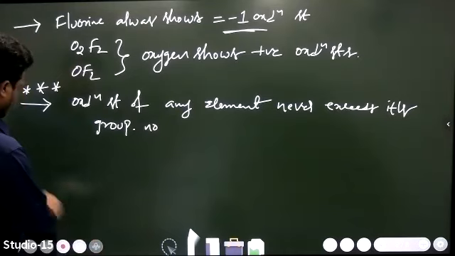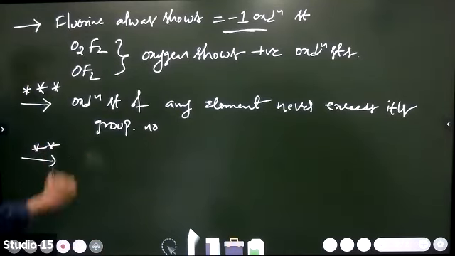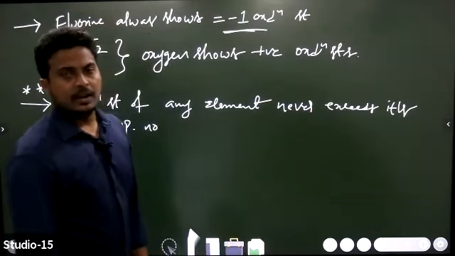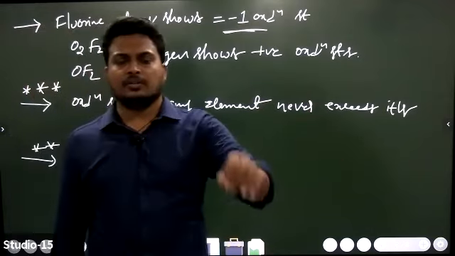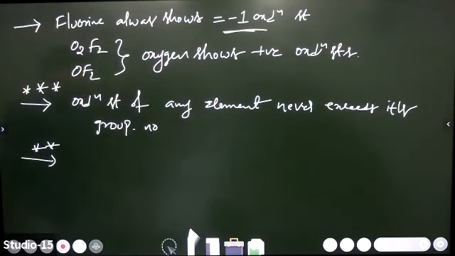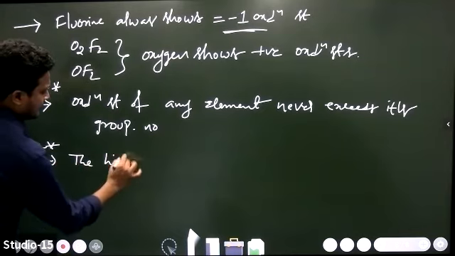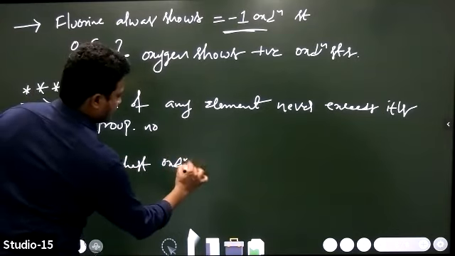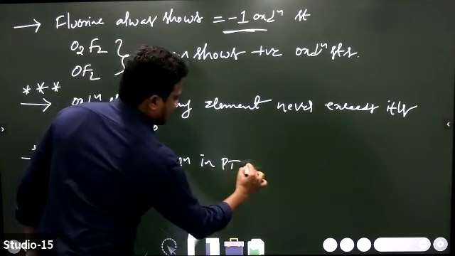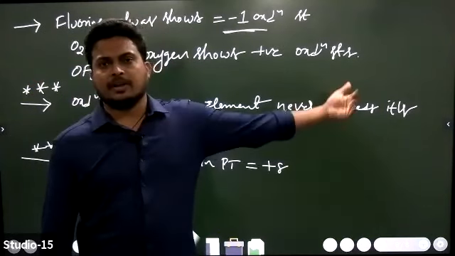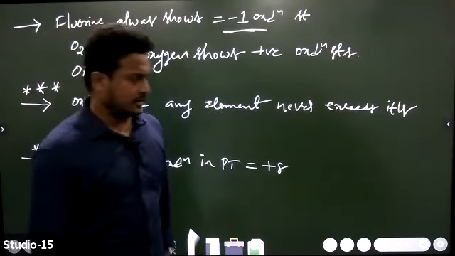Next one, this one also is important. The highest oxidation state in the entire periodic table is +8, which is shown by osmium and ruthenium, sometimes xenon also, as in XeO4.